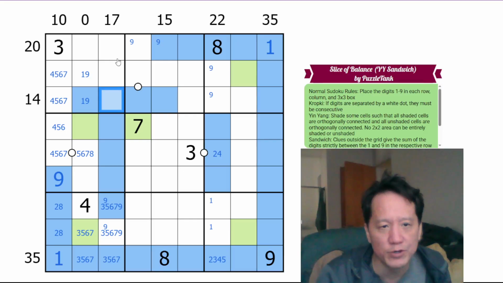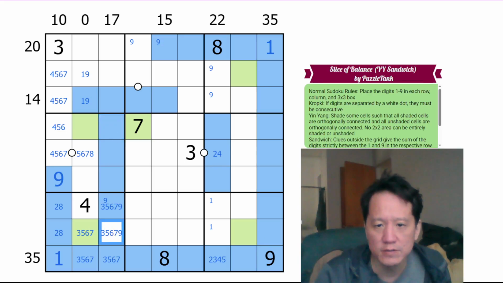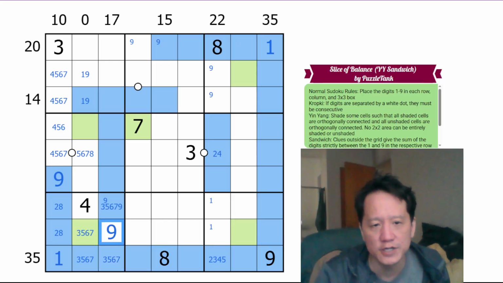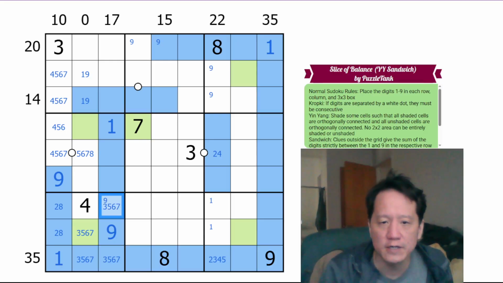Therefore, this cannot be 1 or 9 here at all. So this has to be the crust, and this must be 9. So this is 9 and is shaded. Remember, we have to have 3 digits in between to add up to 17. This is 1. This is not 9 here.